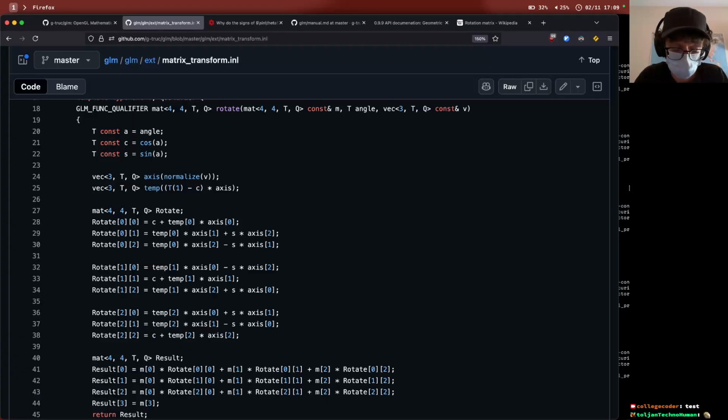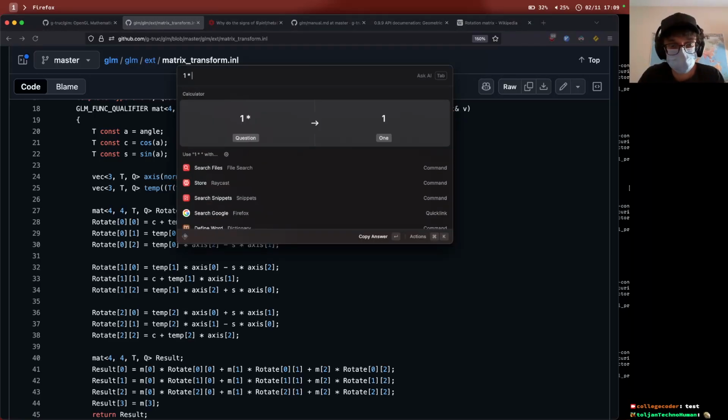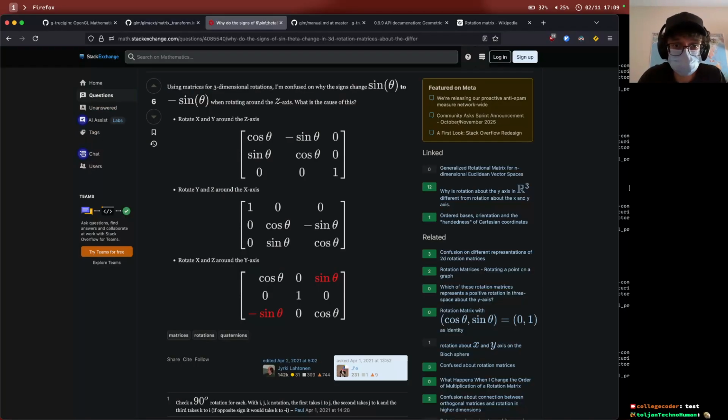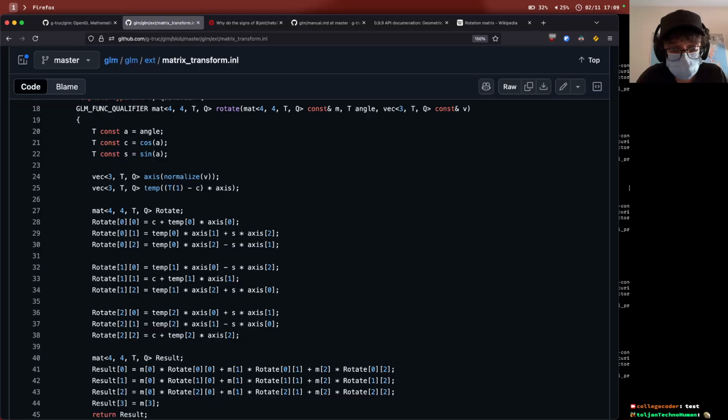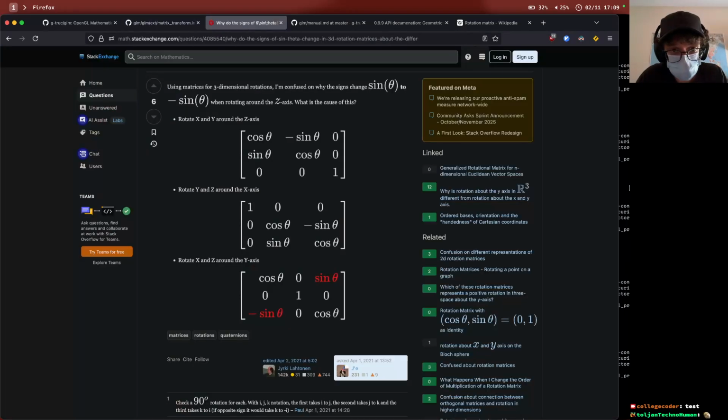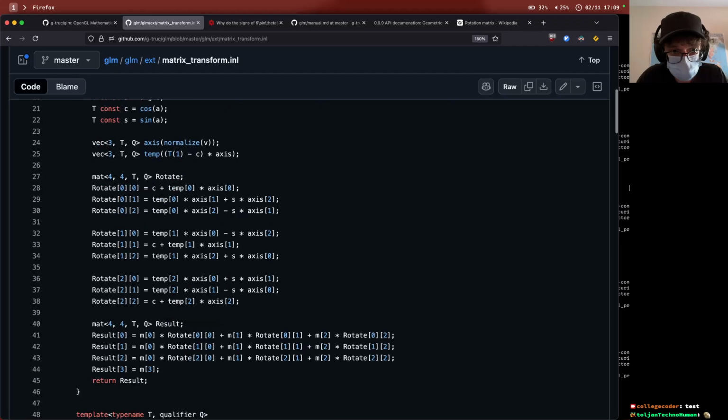So it ends up being 0, 0, 1 times 0.3. 1 times 0.3 is 0.3. Temp 1 is also 0, but temp 2 is 0.3. If I didn't get this wrong.